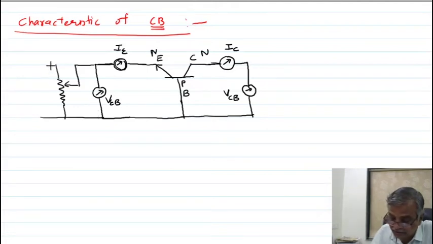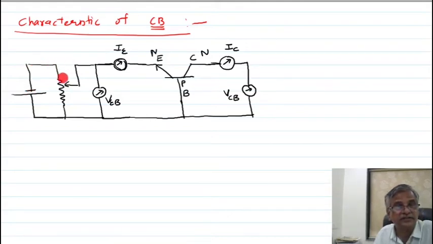So I have to vary the voltage. Therefore I am connecting the potentiometer circuit. This potentiometer circuit is shown in the figure, and you know that the emitter is kept in forward bias. So look here, this N-type material I have connected to the negative. So it is in forward bias.